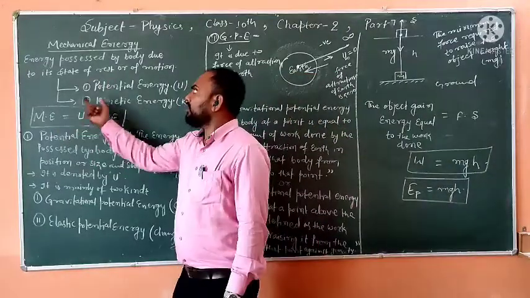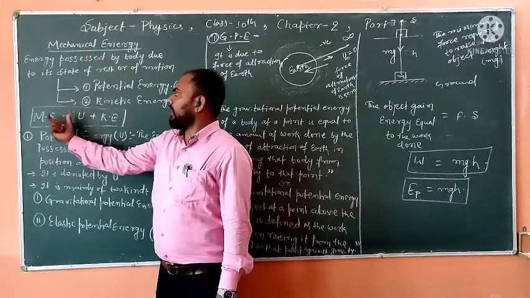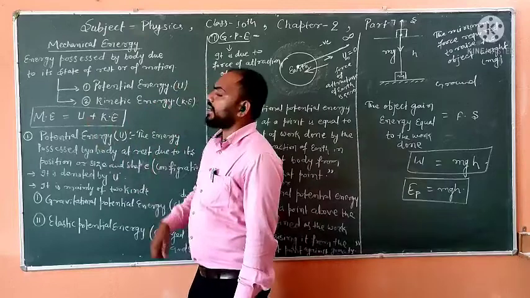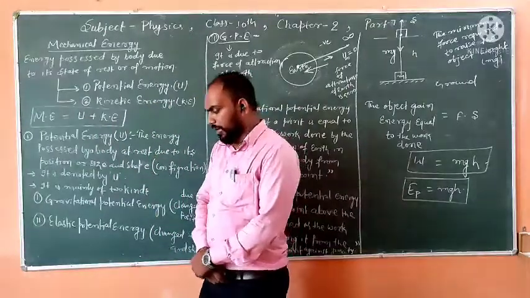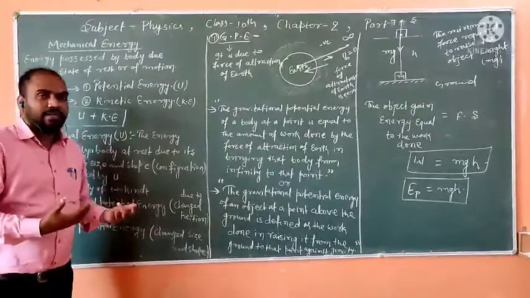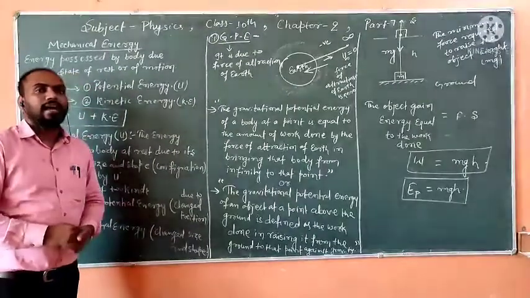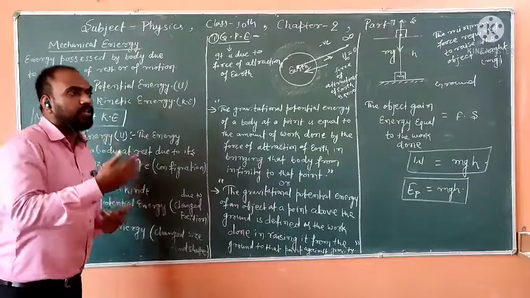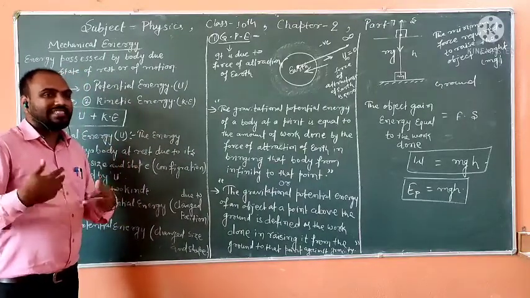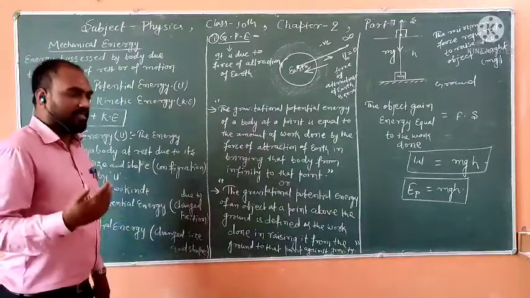As you know, mechanical energy is a combination of potential energy and what? Kinetic energy. For example, if I am at rest at some position and if I am moving, it means I have two mechanical energies, that is kinetic energy and potential energy.